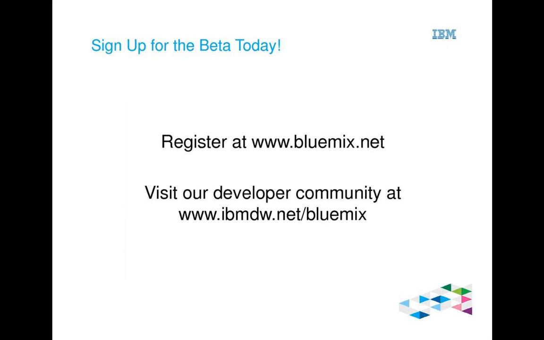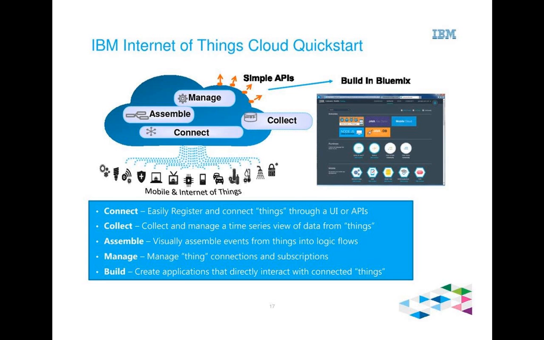Now, whatever the big diagram which I showed you, different offerings from IBM, we have put all those on cloud. So if you go to Bluemix, you can very quickly create your IoT application and deploy it on top of that. What it does, as the diagram says, it helps you to easily connect your IoT device to the cloud, and then you can collect the data from the IoT device, you can assemble the data to visualize it, and it also allows you to manage your IoT devices.